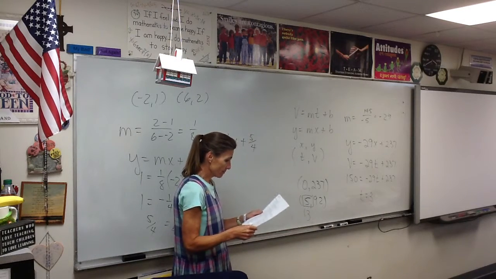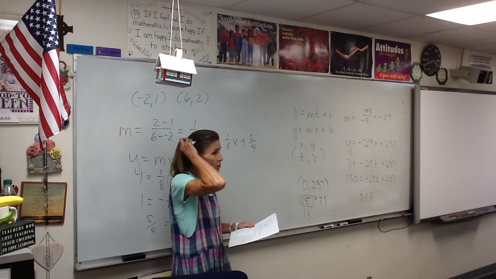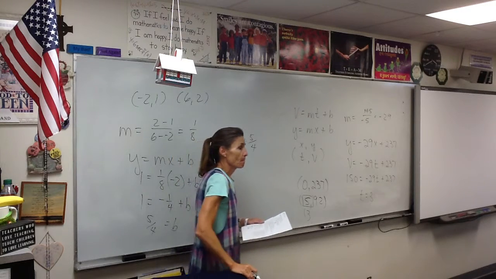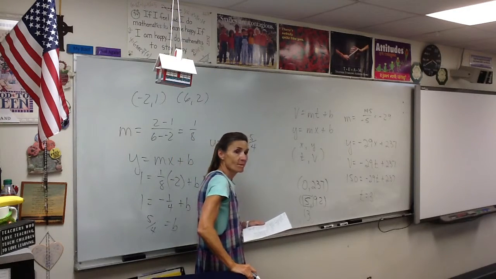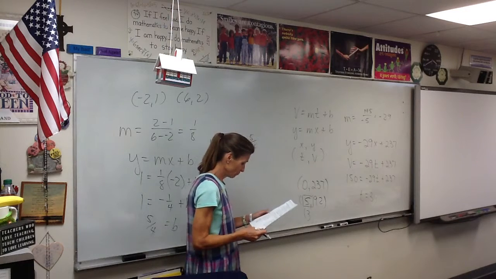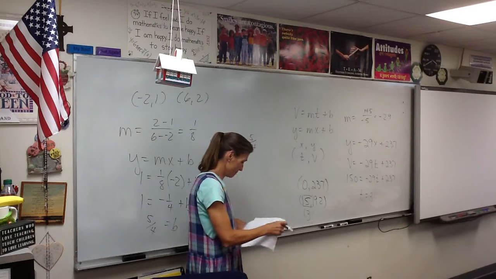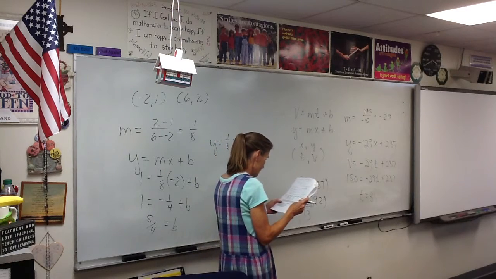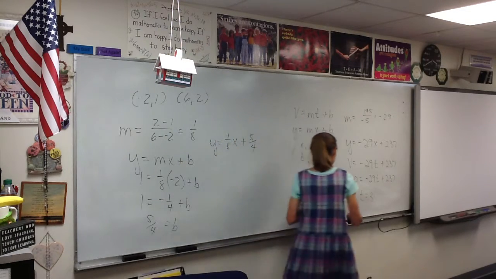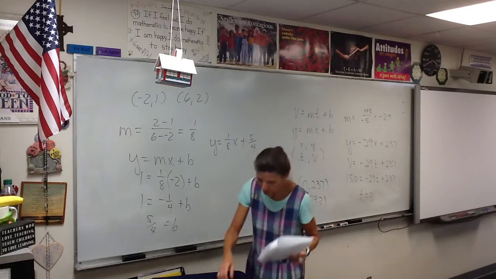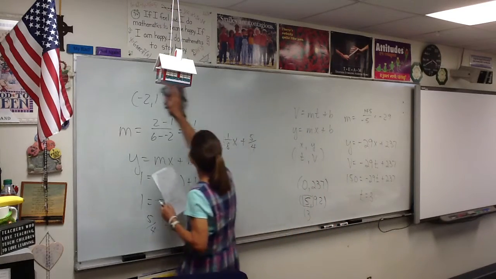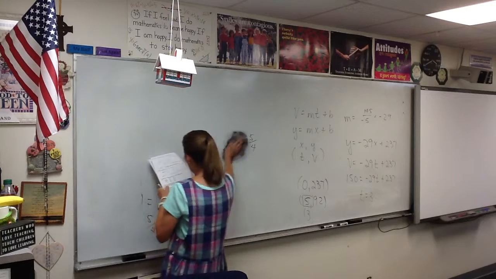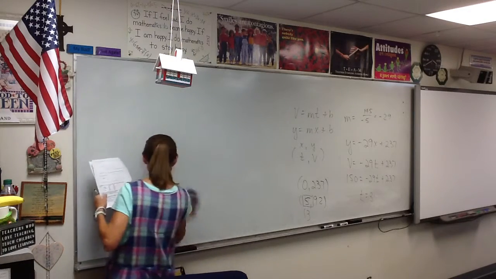All right. Anybody else have a question on one of these problems? Robert? Number 10. All right, so this is kind of the same thing. We're going to write the equation of a line. Linear function, that's a line.